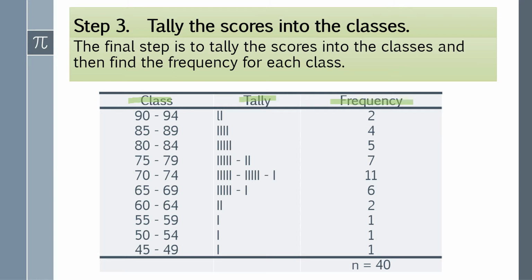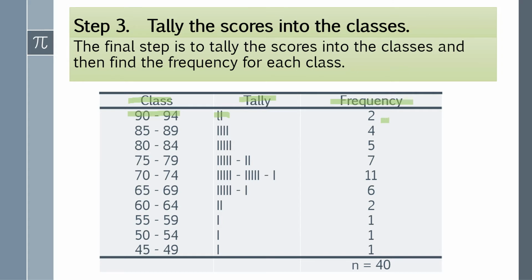Okay, so on our first column, on our first class, on the upper class, we have the 90 to 94. Meron tayo 2 students whose scores falls between 90 to 94. That's why our frequency will be 2.